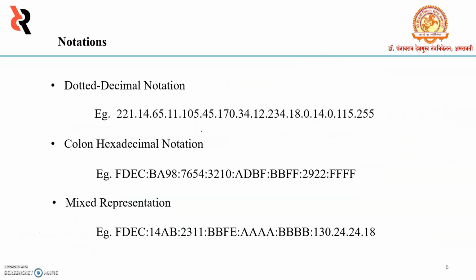Let us see the notations of IPv6. IPv6 can be noted in dotted decimal.